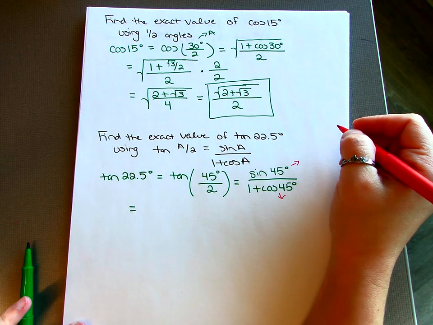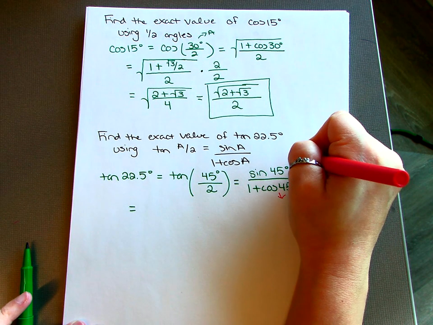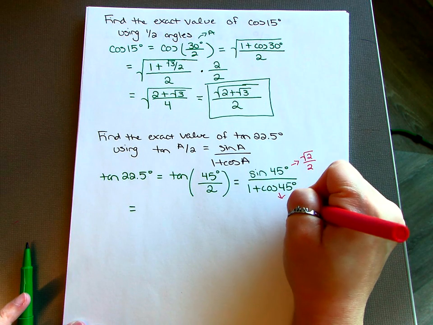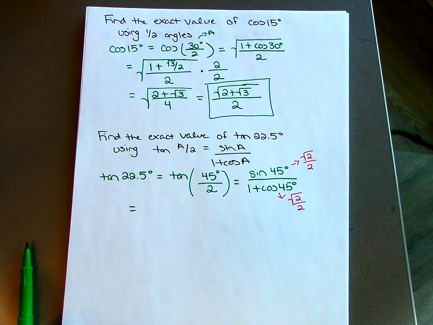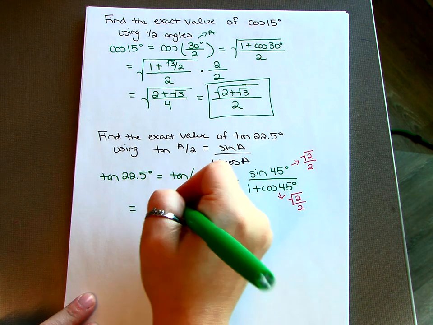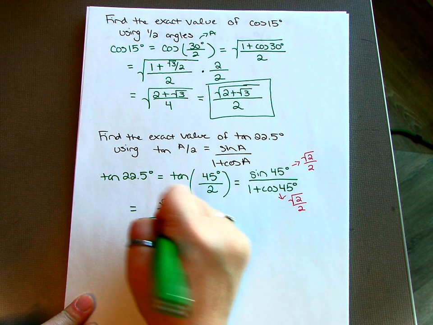If you don't know, you can look at your unit circle. Sine of 45 degrees would be radical 2 over 2. Cosine of 45 degrees is also radical 2 over 2. So that means on top, we just have radical 2 over 2, and on bottom, we have 1 plus radical 2 over 2.